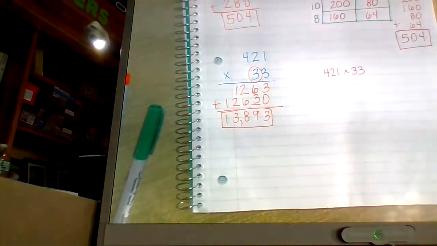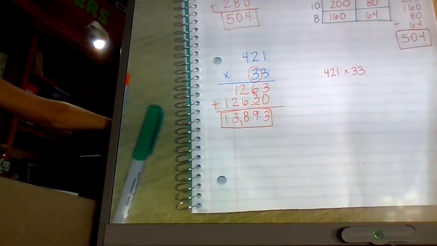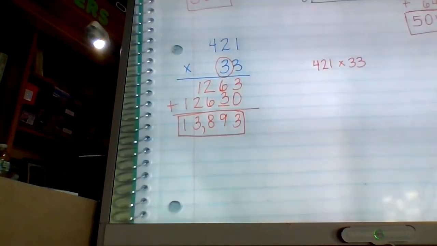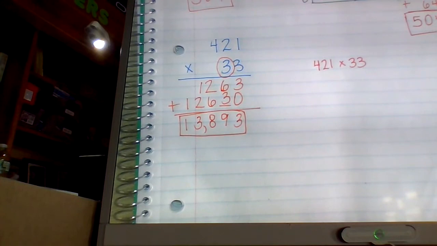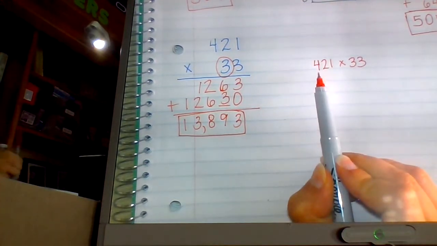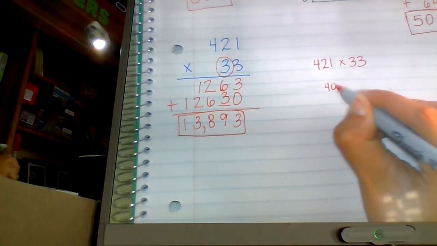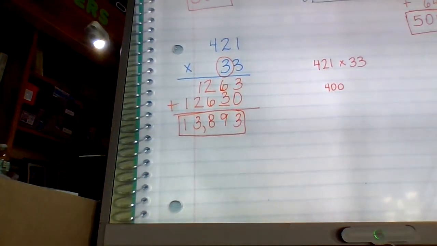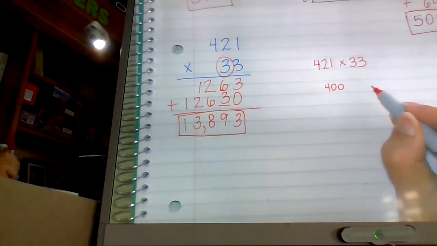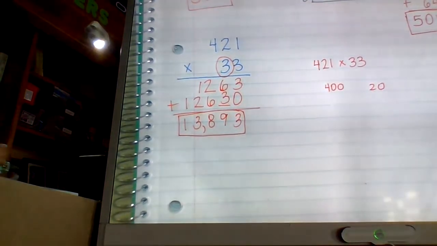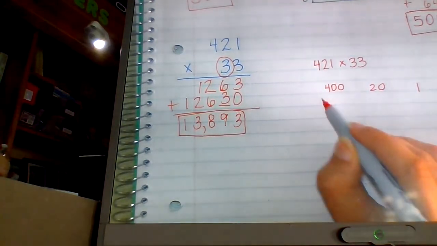So I'm going to go place value by place value, and I'm going to expand my factors. So I see a 4 in the hundreds place, that's a value of 400. A 2 in the tens place, that's a value of 20. And a 1 in the ones place, that's a value of 1.